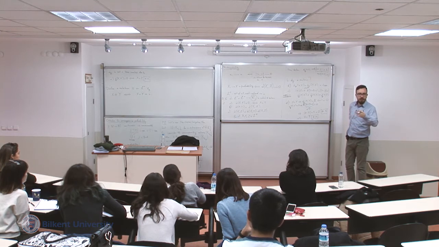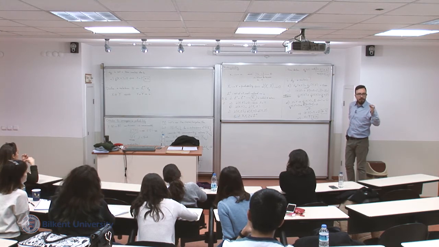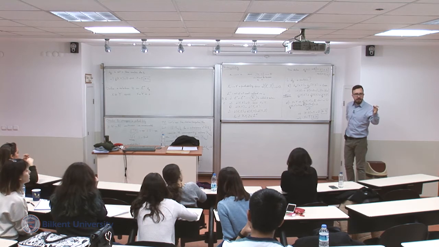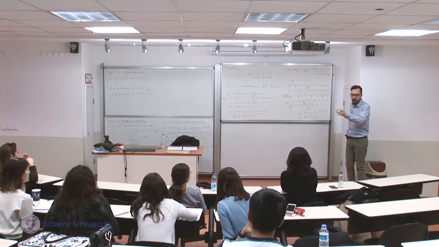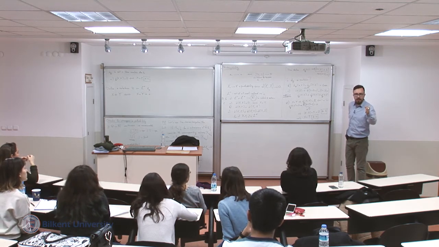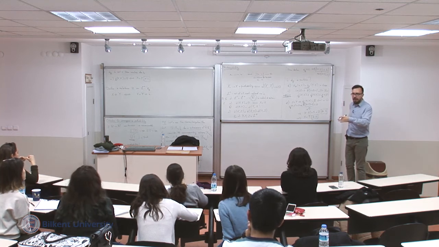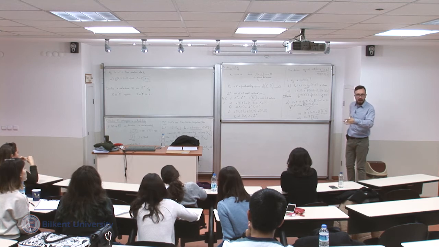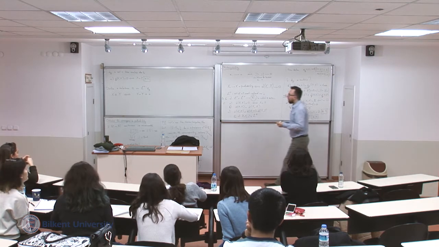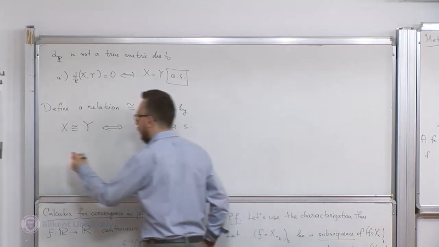Do you remember modular arithmetic? 1, 4, 7, they're considered the same modulo 3, right? 0, 3, 6, 9, they're considered the same modulo 3. So that kind of a relation is called an, what kind of a relation is that? Equivalence relation, right? So this is an equivalence relation.